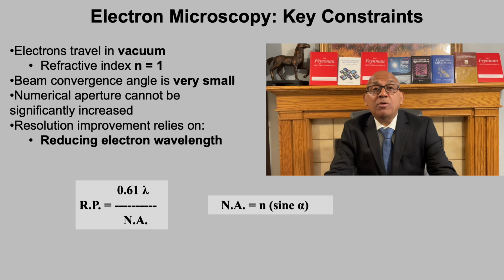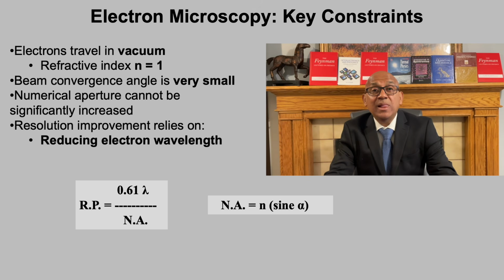Electron microscopy operates under conditions that are very different from optical microscopy. Electrons travel in vacuum where the refractive index is fixed at 1. Unlike light microscopy, we cannot use immersion media or high index materials to increase numerical aperture.